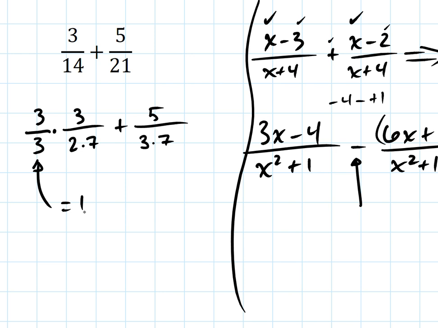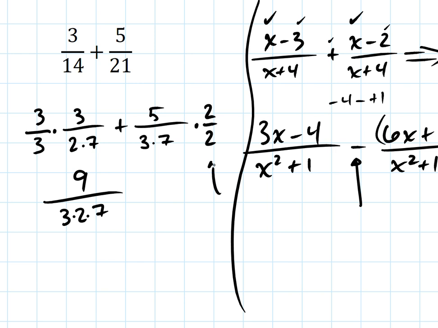It is now a 9 in the numerator, and in my denominator, I have a 3 times a 2 times a 7. Now, the other fraction needs a factor of 2. I can see I've got one here, and I need to introduce that factor of 2 into the other one. So to accomplish that, I'm going to multiply this one, again, by the number 1.